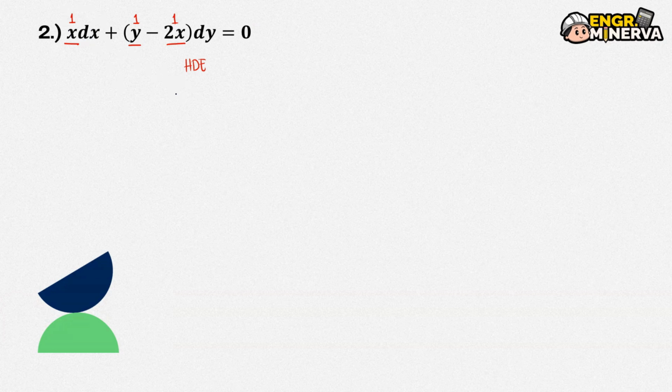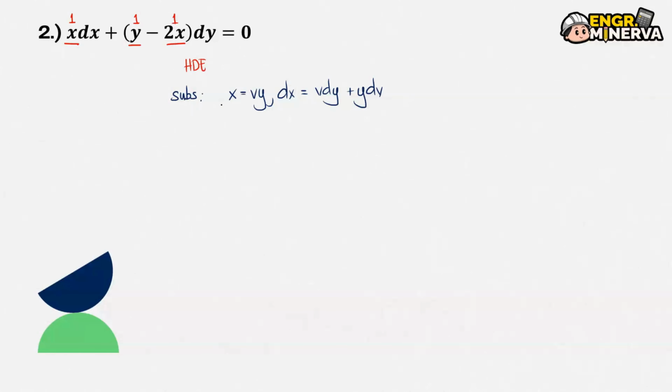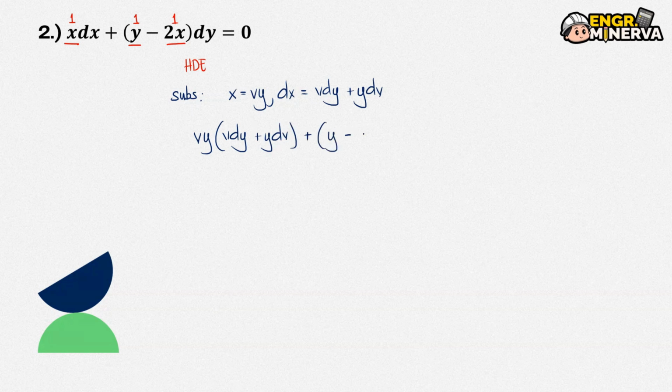So we substitute x equals vy, and eventually dx would be equal to v dy plus y dv. We substitute: vy multiplied by v dy plus y dv, plus y minus 2vy, dy equals 0.